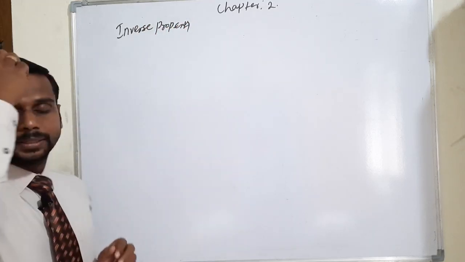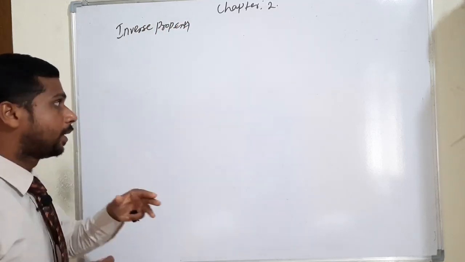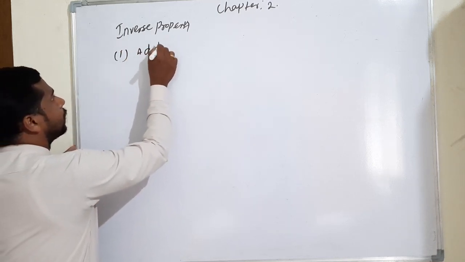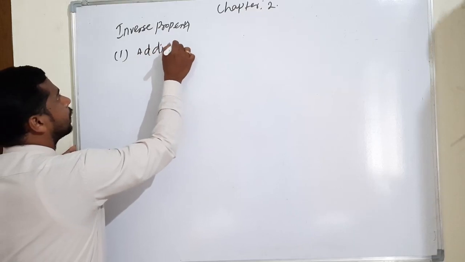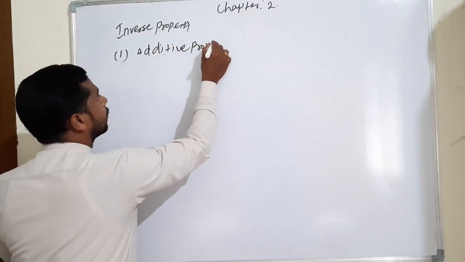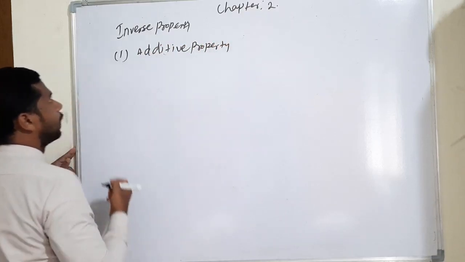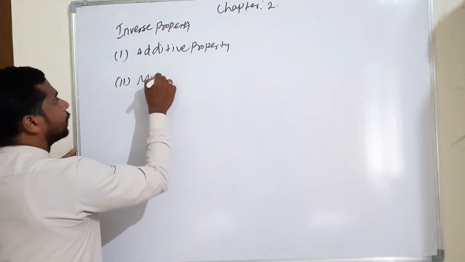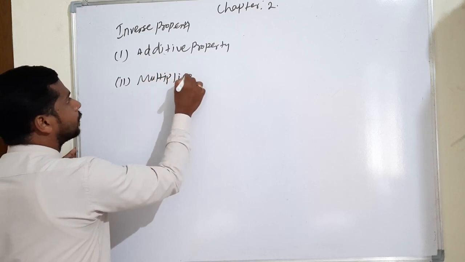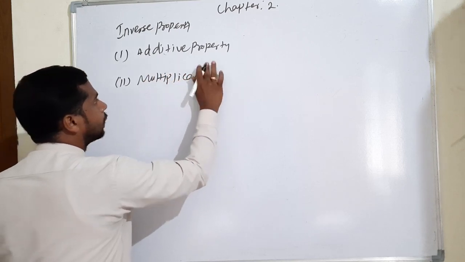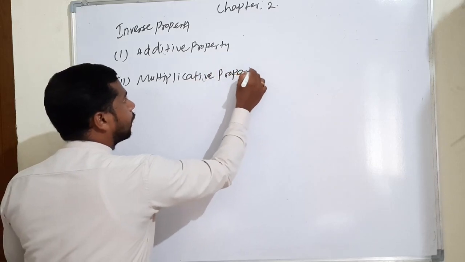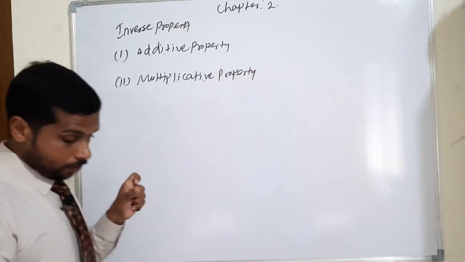Under addition, that is called the additive inverse. Under multiplication, that is called the multiplicative inverse. What is the difference?